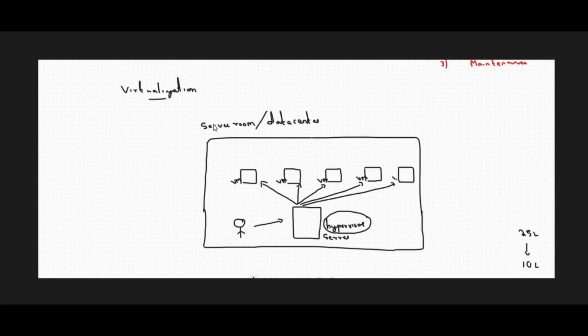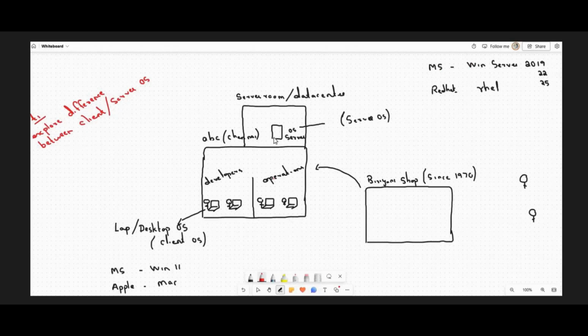As Jerry has explained, in the client server model, the ABC company, the enterprise, has to maintain the servers in a big rack. It will occupy a lot of space, as well as energy consumption, installation cost and maintenance cost.